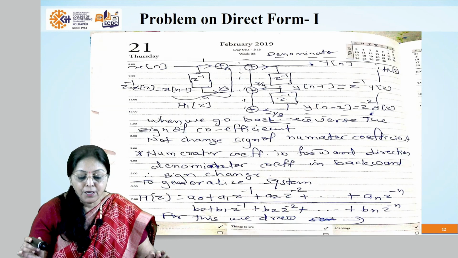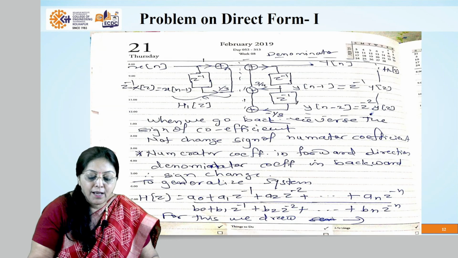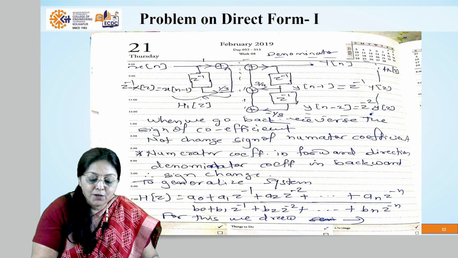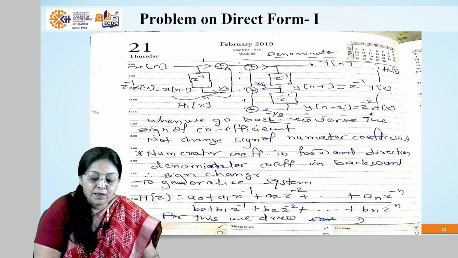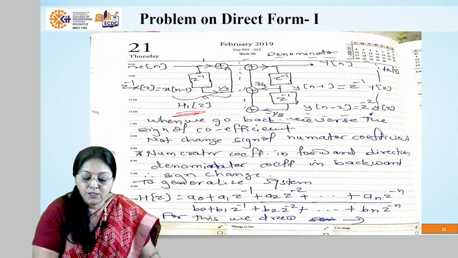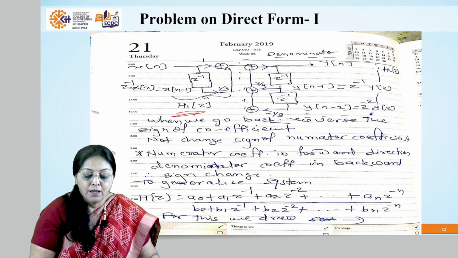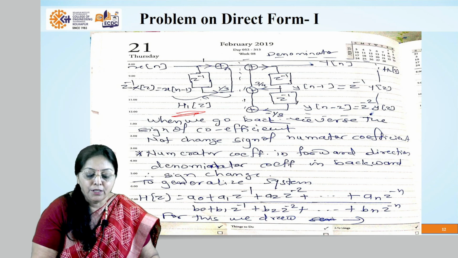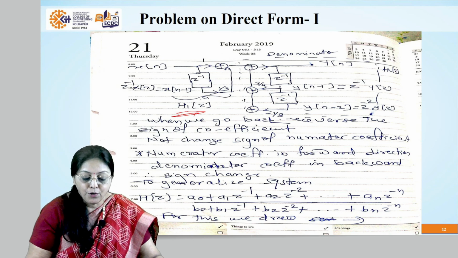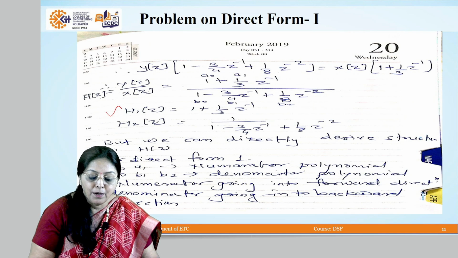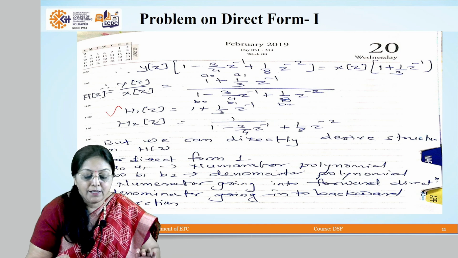Okay, then we are going to realize. So how to realize this one? This is the part of H1(z), and the whole remaining part is H2(z). Observe that in H1(z) only the numerator part is there. It is a very simple 1 plus 1 upon 3 z^-1 that you want to realize.